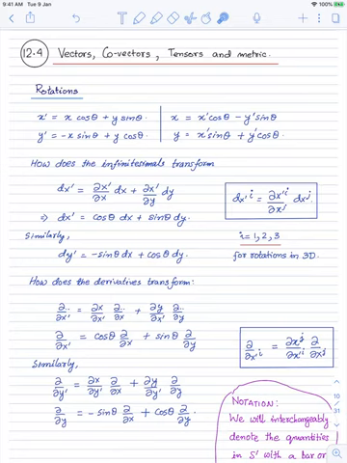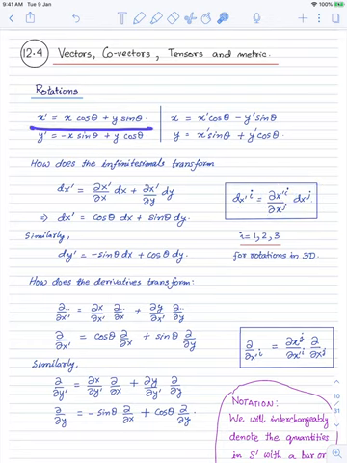But you see, this is just a fact: if I view the x primes as a function of x, then I can write this infinitesimal as the derivative of x prime with respect to x, times dx. This is just a fact about differentials.